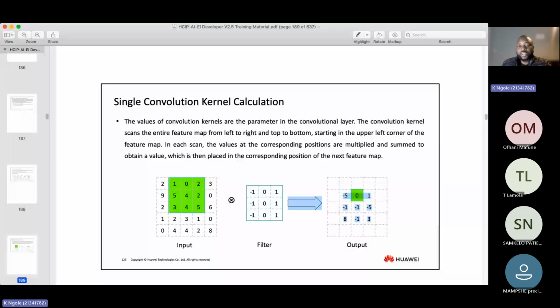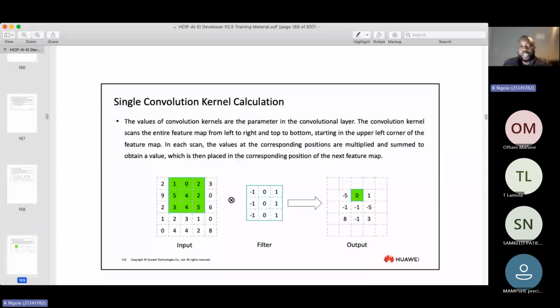This 3x3 kernel or filter multiplies each value by the corresponding value in the image. The first position gives that -5, and then we move it.